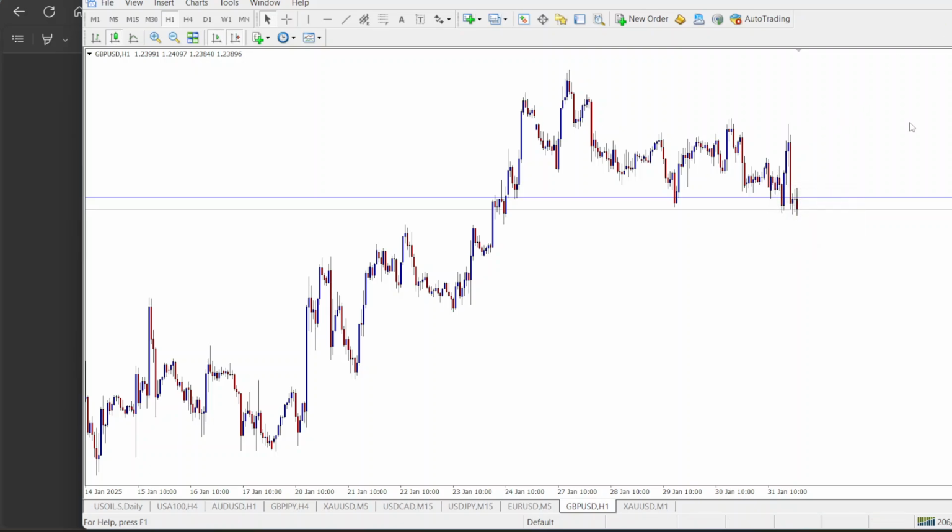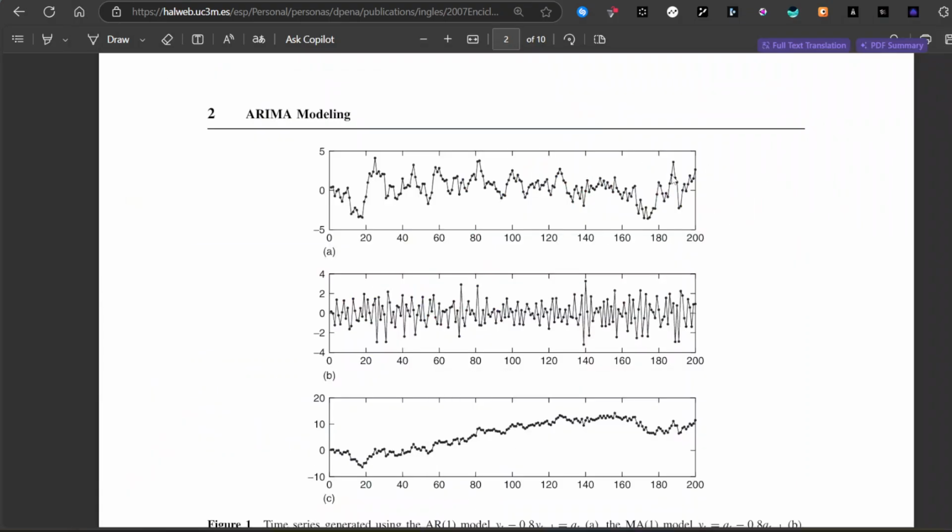So let's use the term data and values. The autoregressive element of the ARIMA, when analyzed, reveals underlying patterns. It's still an assumption, but it relies on the assumption that past data has direct influence on current values.